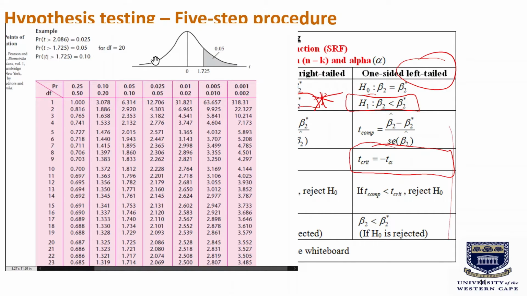So the value would lie to the left of 0 and it would be negative 1.725. So if you're dealing with a left-tailed test, please just put a negative sign in front of the critical value that you've found in the t distribution table.